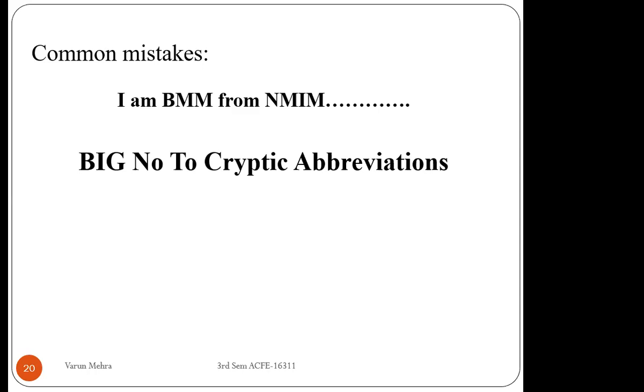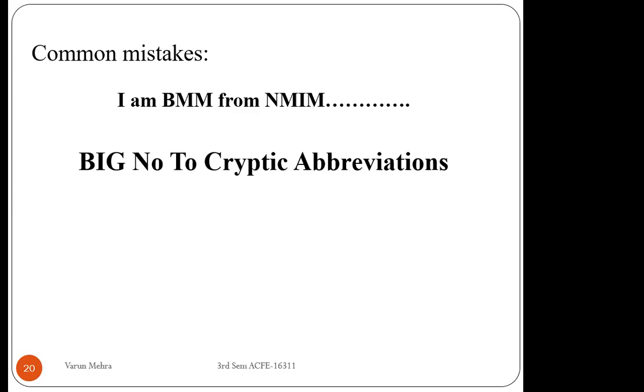So that is always a mistake, to say I am BMM from NMIM. Now what BMM stands for and what NMIM stands for, only the people who actually have made these abbreviations know. And even in different parts, these words have different abbreviations. So to avoid confusing people, better to use the complete name.